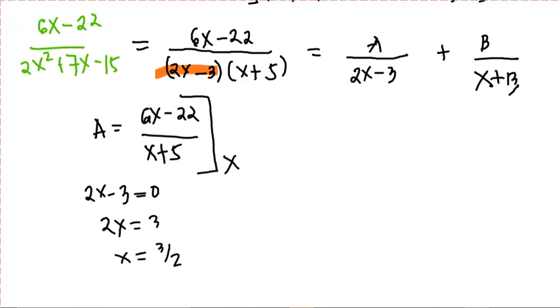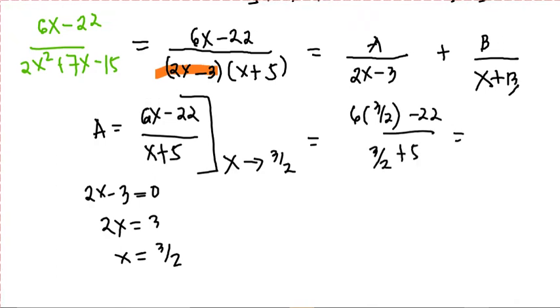So we substitute 3 halves: 6 times 3 halves minus 22 all over 3 halves plus 5. 6 times 3 is 18 divided by 2 is 9, minus 22 is negative 13, all over 13 halves. The 13s cancel, so the value of A will be negative 2.